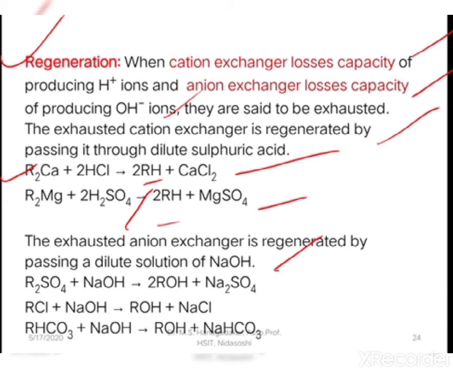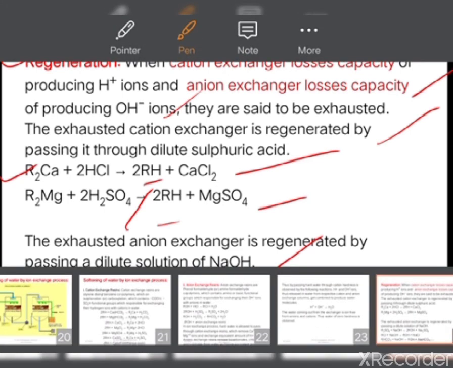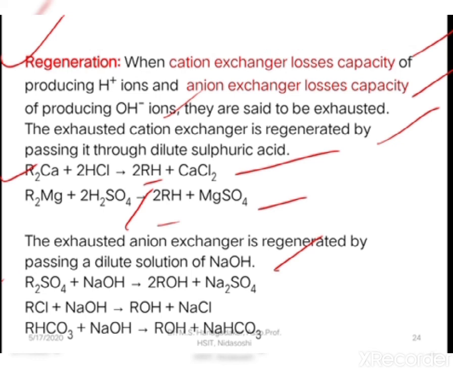Similarly, the anion exchange resin is cleaned by passing alkali. When alkali is passed into the exhausted anion exchange resin like R2SO4, RCl, or RHCO3, cleaned by passing NaOH, there is a formation of ROH with the byproducts sodium sulfate, sodium chloride, sodium bicarbonate. Once again you can notice that the anion exchange resin is also regenerated with the functional group ROH.